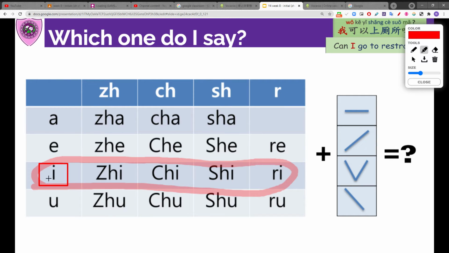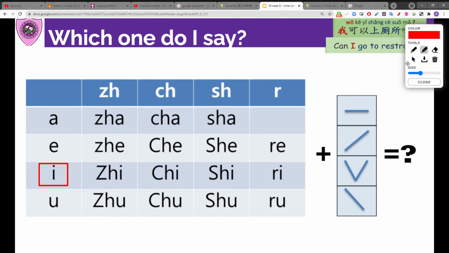When they pair with the i sound, something very strange will happen, because this group is the whole syllable. That means the i sound is mute. So the initial zh is the same as zhi, the whole syllable. Chi is the same as ch, shi is the same as sh, and the last one, r, is the same as ri. Make sure you can hear the difference later.